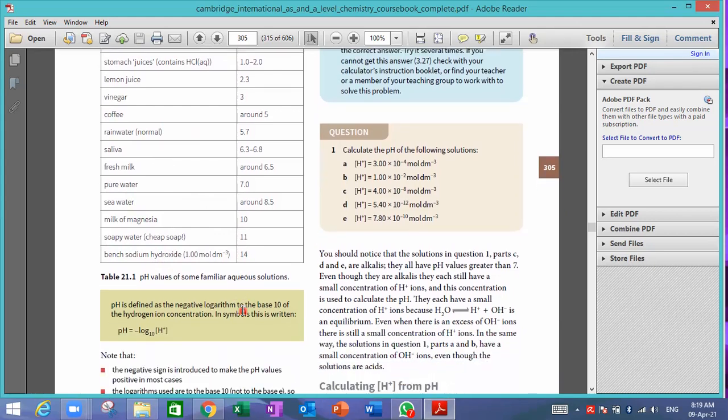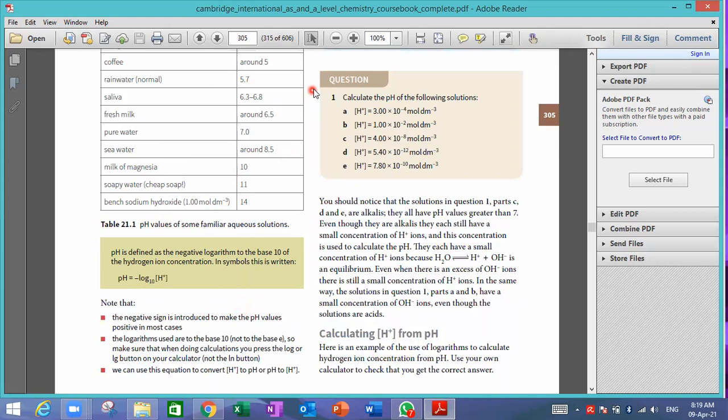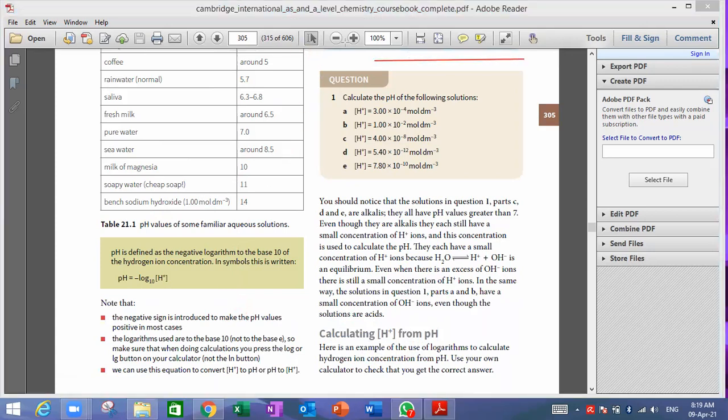That's why when we were studying in O level, we said that whenever we have a pH which is equal to 7, this means that we have a neutral solution. From 0 to 7, we have acidic solutions. And from 7 to 14 pH, we have basic solutions.